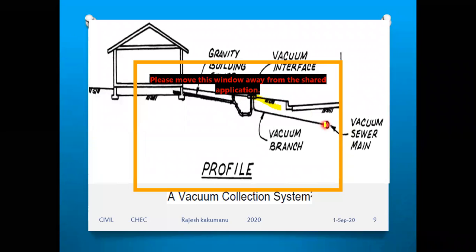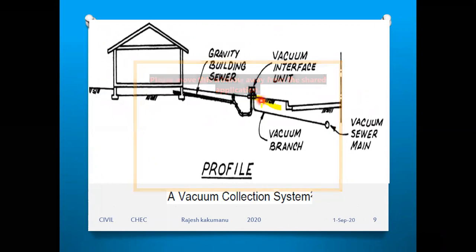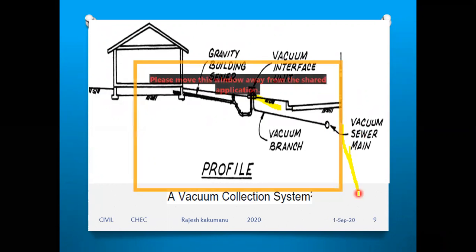So this is the vacuum sewer main pipeline. Okay, so this is the ground level. Here through the vacuum pump, the wastewater is collected, and it is going to the pressurized pipeline of the sewerage system. So this is just a profile for the vacuum collection system.